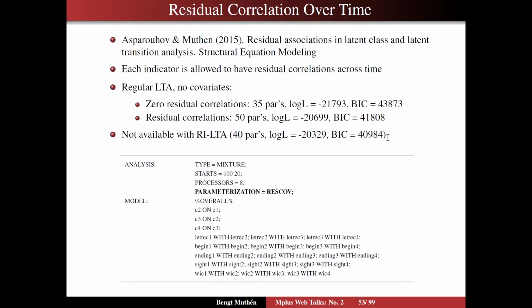If you think about it, the RI-LTA also allows correlations between the residuals across time. For each item, it's actually lambda times lambda squared, that is the correlation that goes via the random intercept factor.